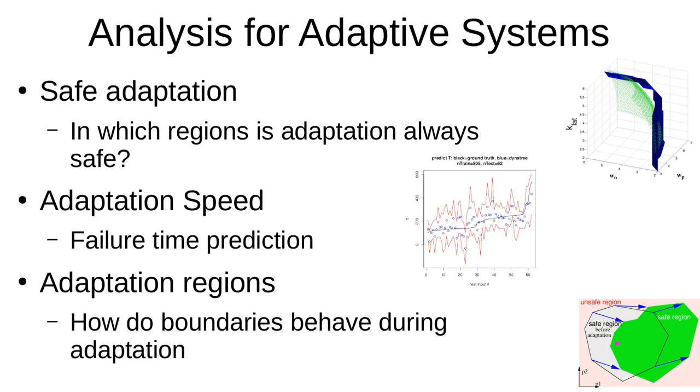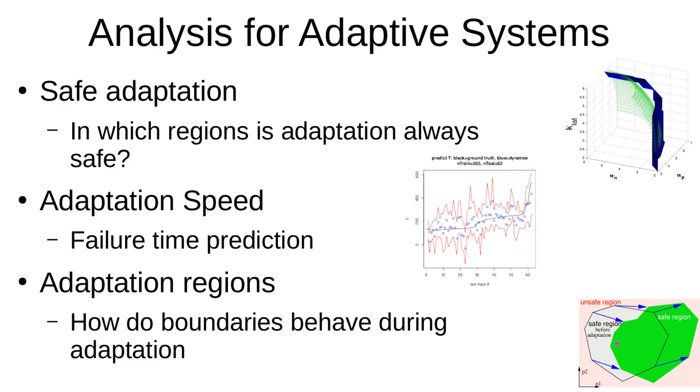Another important question regarding adaptation is the adaptation speed. If the adaptation is happening very slowly, the system might adapt too slowly to reach or stay in a safe state. So again, with the aircraft example, the adaptation might only be ended after the aircraft has crash landed.